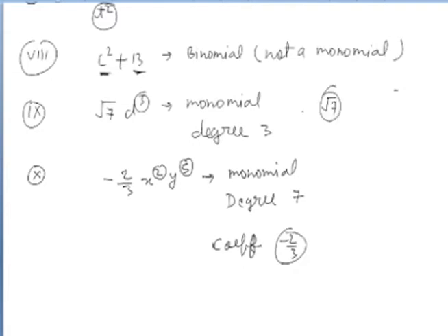Okay, so in this way we will find. Question number 3. Select like monomials. So the first term is 7 minus 3x plus 8. Like terms are those where the variables have similar powers.